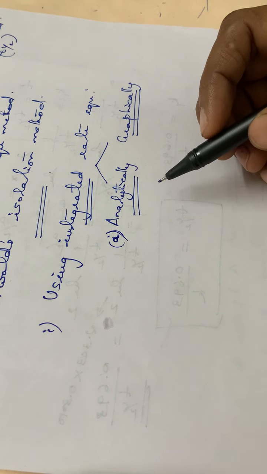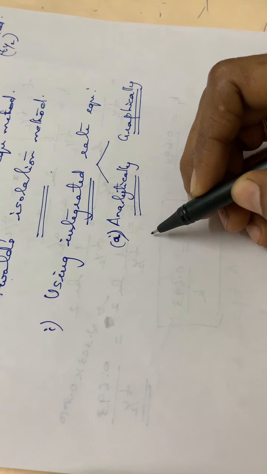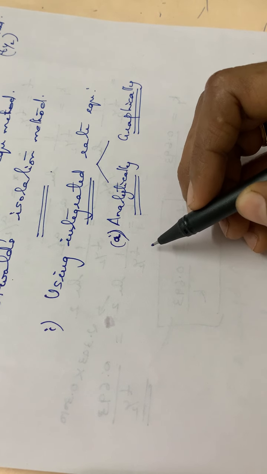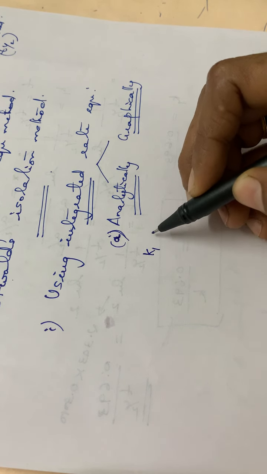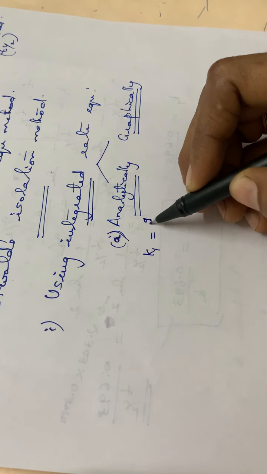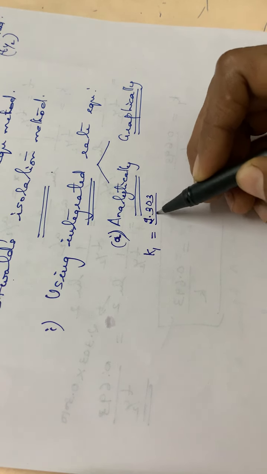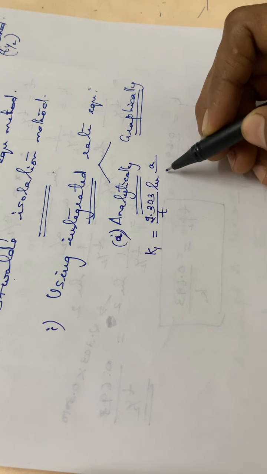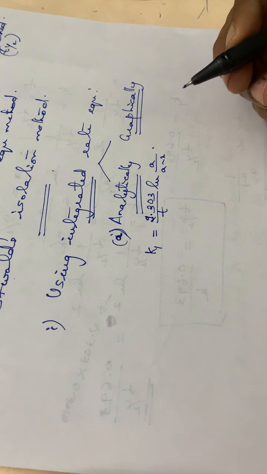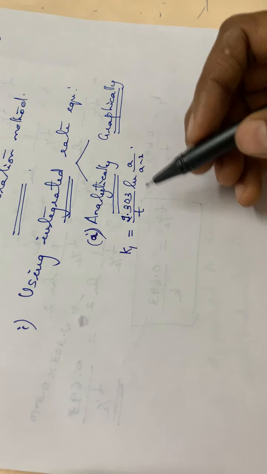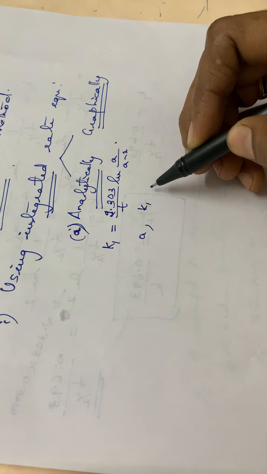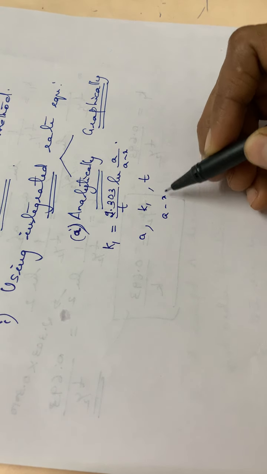Analytical method means we are using the integrated rate expressions. For example, for the first order reaction, k1 is equal to 1 by t, or 2.303 by t, log a by a minus x. This is the integrated rate expression for a first order reaction.